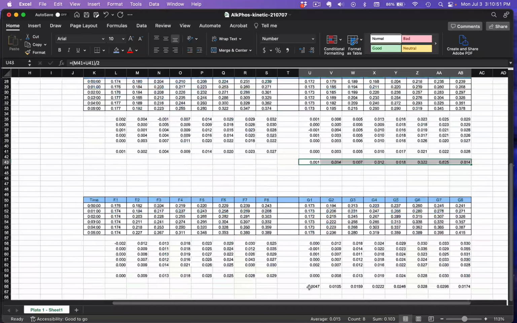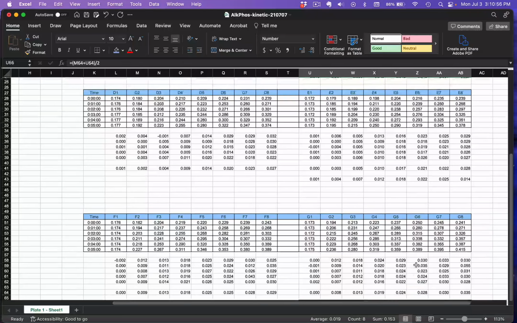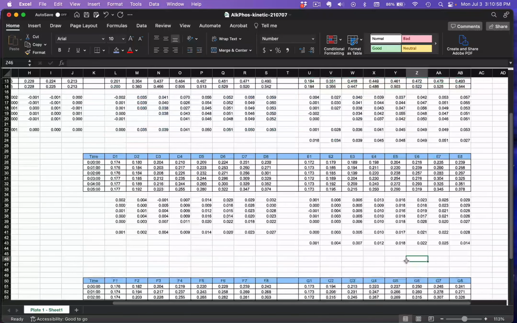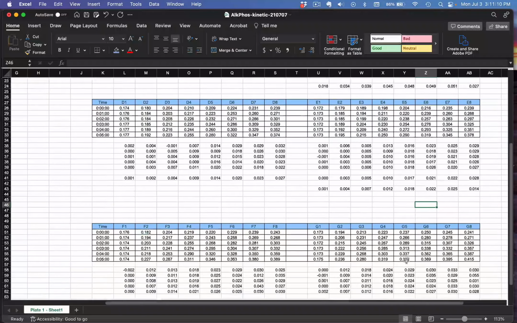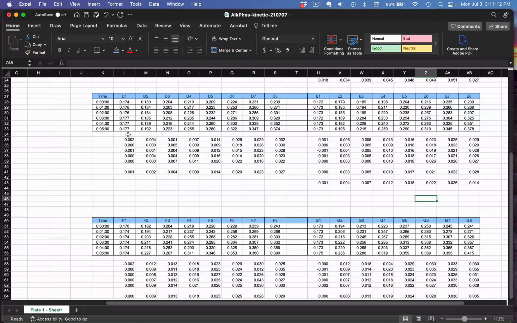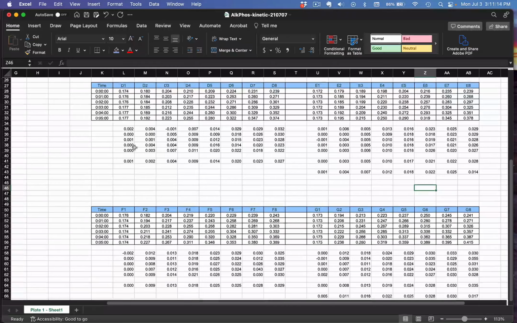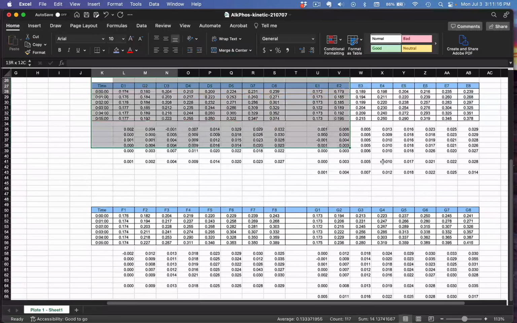And okay, so now we've got the averages for our data set. So we've got the average increase in absorbance, and this is going to be in absorbance per minute. So now we want to convert that into absorbance or product versus time. And I'm going to actually have to move this down a little bit to give myself a little bit more space here.